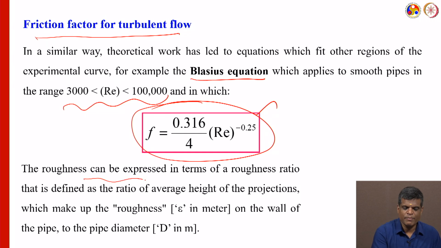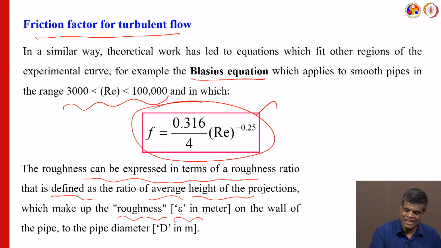Here, roughness can be expressed in terms of the roughness ratio, which is defined as the ratio of the average height of the projection, but it's already available. The roughness epsilon is in meters, and the pipe diameter is also in meters. We will get the roughness parameter from here.